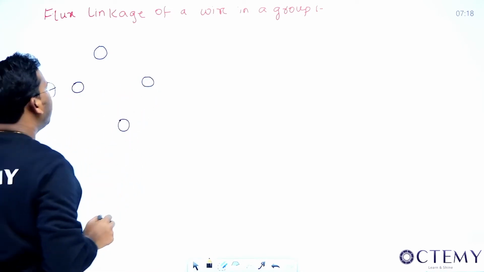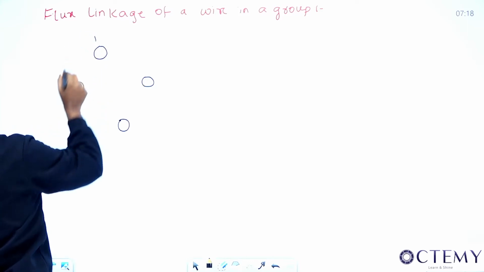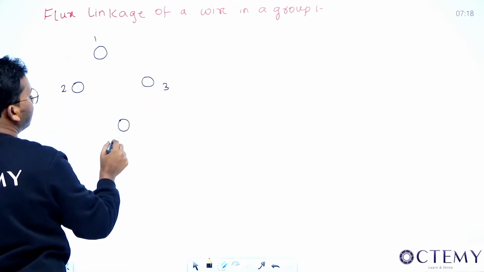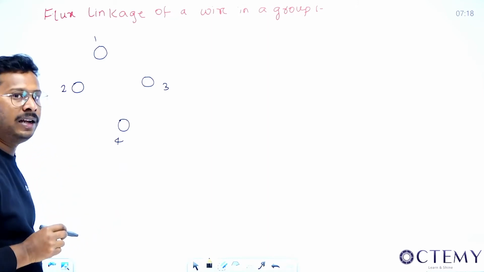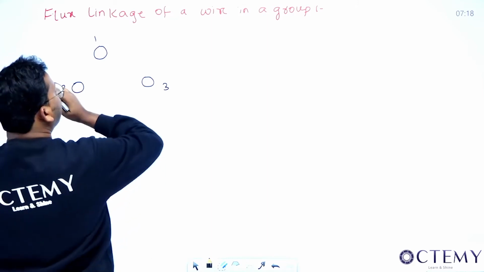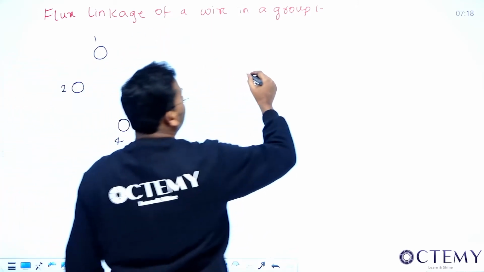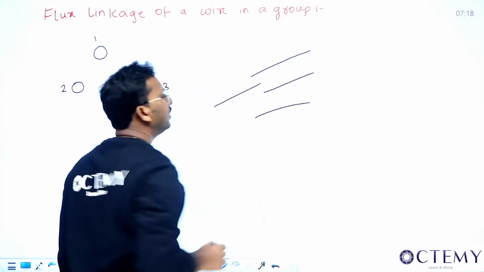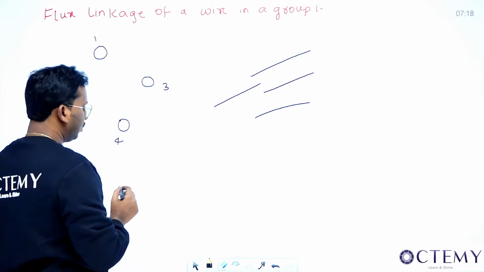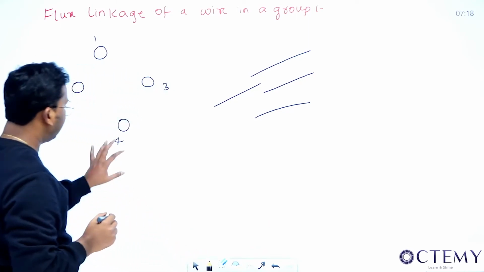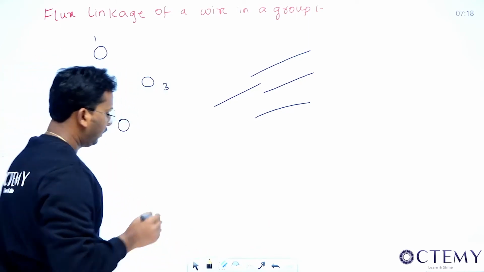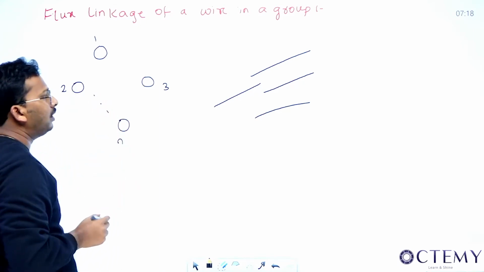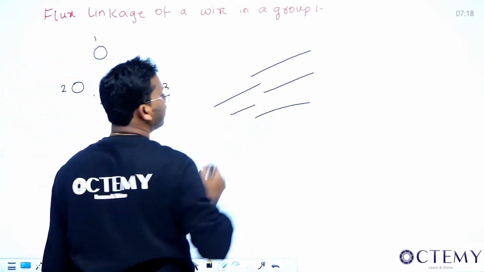In this group, say this is the first conductor, this is the second conductor, this is the third conductor, this is the fourth conductor, right? And these conductors are going like this. There can be n number of conductors. So let me write this as the nth conductor. Since we are trying to find the general formula, let there be some n conductors like this.